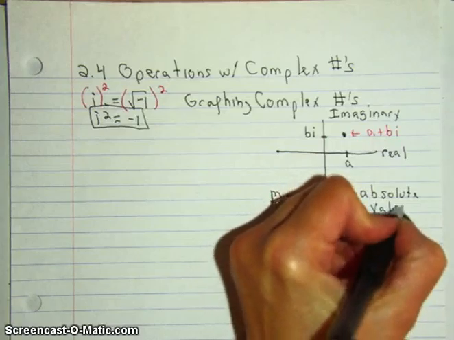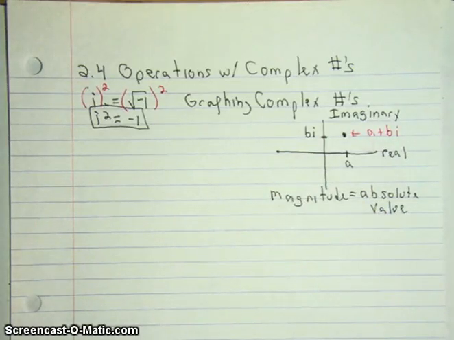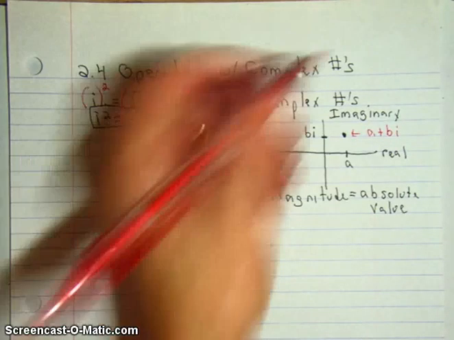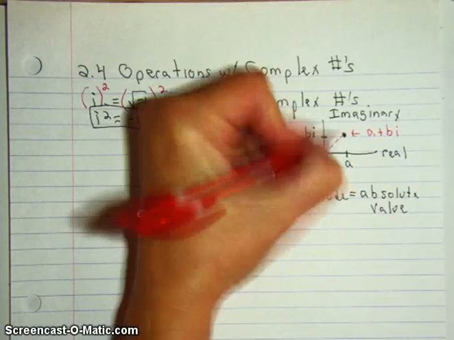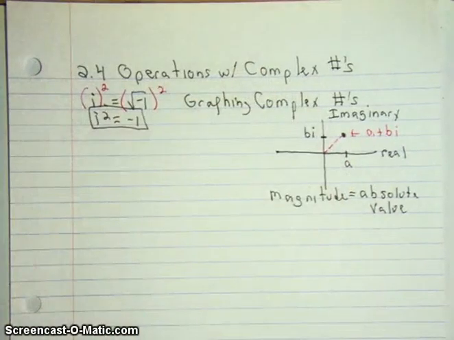So whenever they say magnitude, that is also considered to be absolute value, and vice versa. If on the homework they ask you for the absolute value, that's the magnitude. And the magnitude is defined as the distance from 0, 0. So they want you to find that distance.